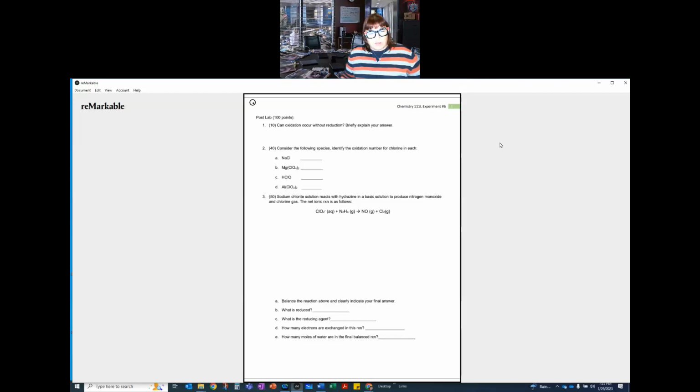As far as number 2 goes, I'm going to walk through one of these with you so that we can see what needs to be done here. And I'm not going to do it for NaCl because I think that one's pretty easy. But when we talk about the HCl, I know that H, when it's bound to nonmetals, is plus. So H is +1. Oxygen is always -2.